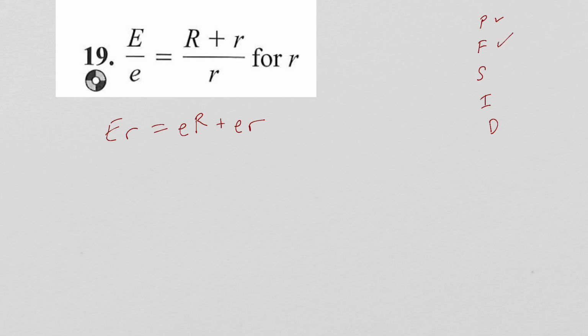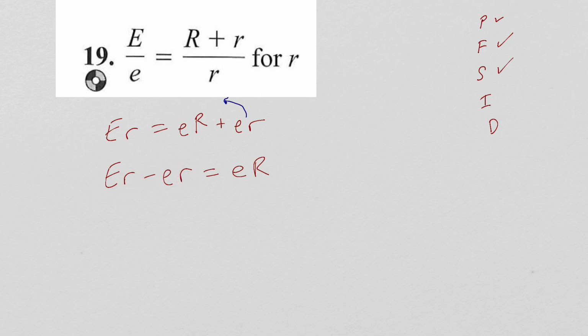Simplify means you're combining like terms, and we don't have any, so we just skip it. Isolate means to isolate the term with the variable that we're after. Well, there are 2 terms, so we want to isolate these 2. I'm going to move this one over and leave this one behind. When I move this over, it flips signs. It becomes a negative. Now, the variable that we're solving for shows up in multiple terms, and that's fine.